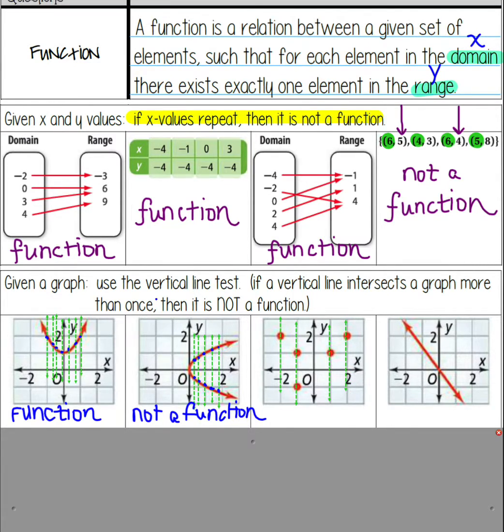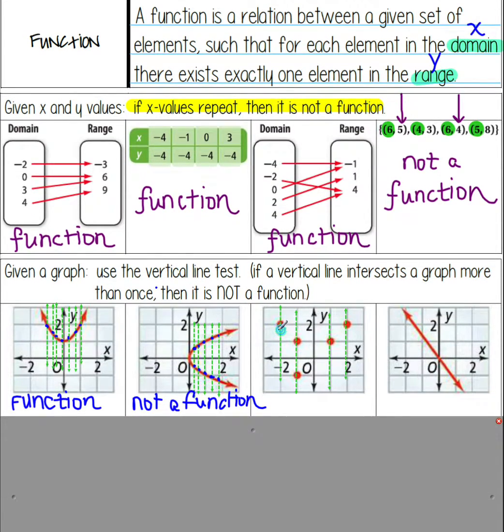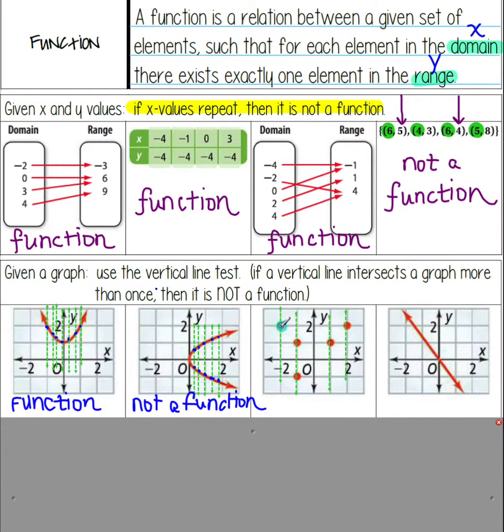So I have all of my vertical lines, and now I'm going to go back through and check each one of my vertical lines. My vertical line here only hit that one point. This vertical line intersected twice.